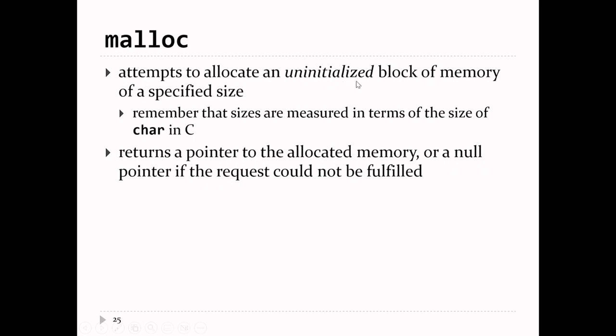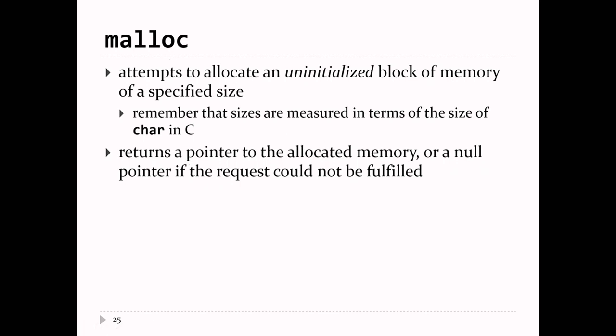You just get back a chunk of memory, but there could be anything in that memory. It's an uninitialized block of memory of a specified size. In C, all sizes are measured in units of char. So I'm going to ask for a chunk of memory equal to 1,000 chars, or something like that. Malloc returns a pointer to the allocated memory.